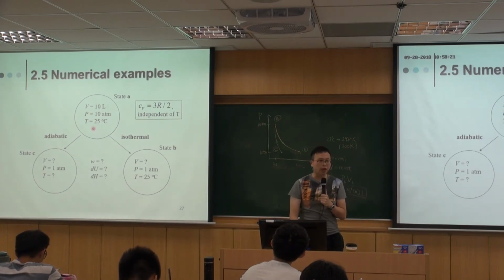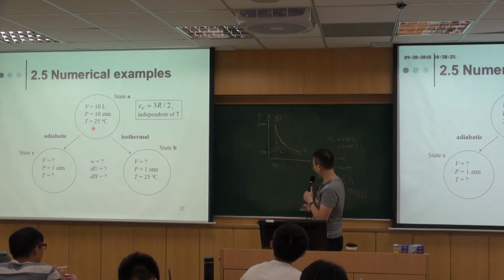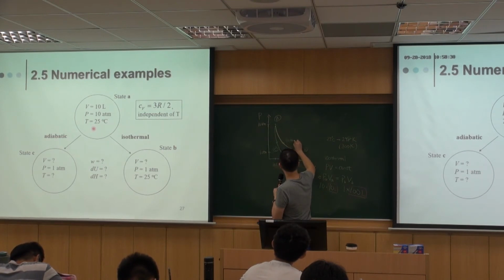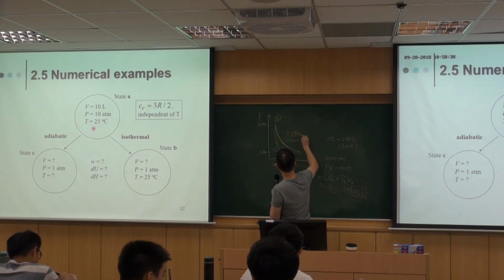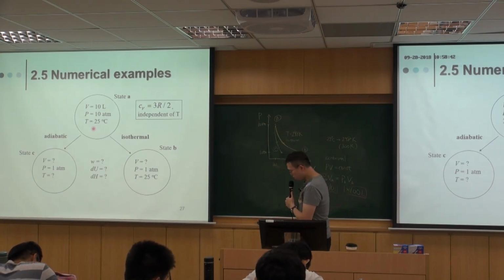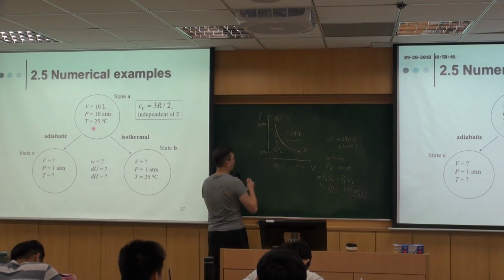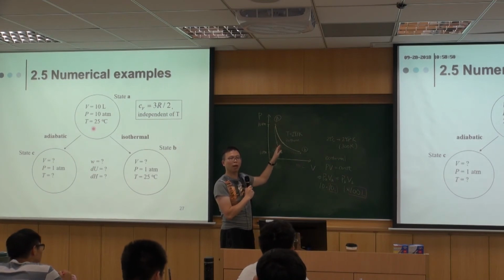So this is the adiabatic process. And we also don't know the temperature, right? Because we know for this isotherm, T is 298 Kelvin. But for the adiabatic process, the temperature must be changing all the time.